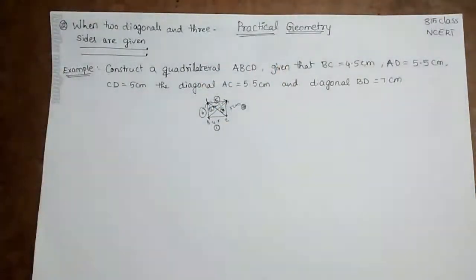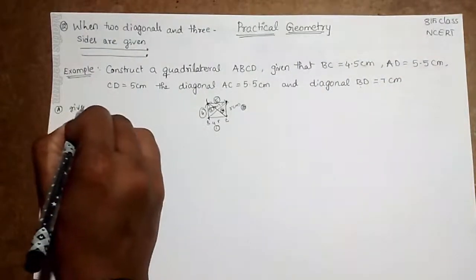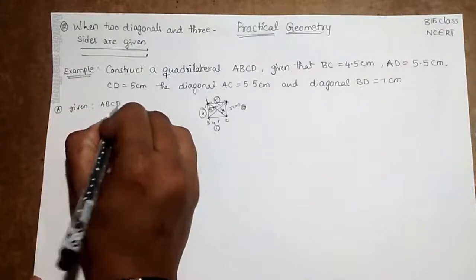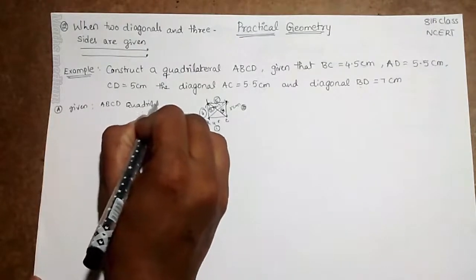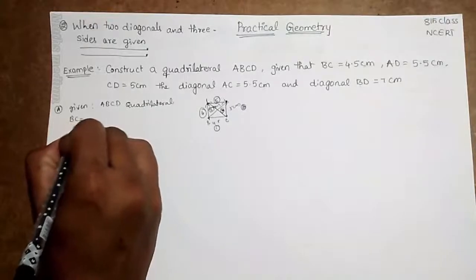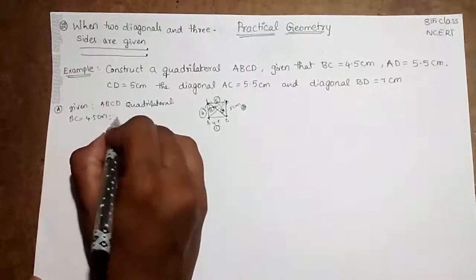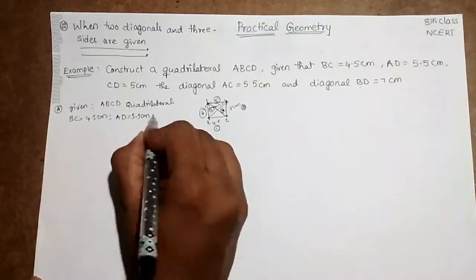So let's move into the step-by-step procedure. So take step 1. Given quadrilateral ABCD, BC is equal to 4.5 centimeters and AD is equal to 5.5 centimeters.